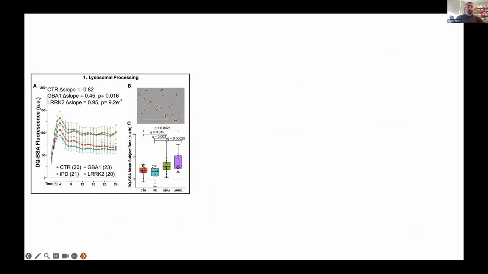So I validated functionally these clearance pathways that I was very interested in, starting from lysosomal processing, where I used DQ-BSA, which is endocytosed by cells and then processed in the lysosomes through cathepsins, for instance.